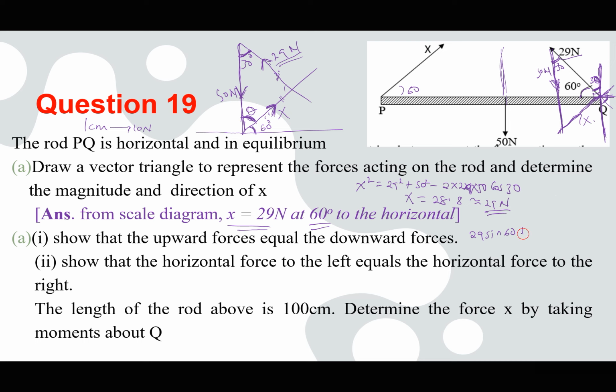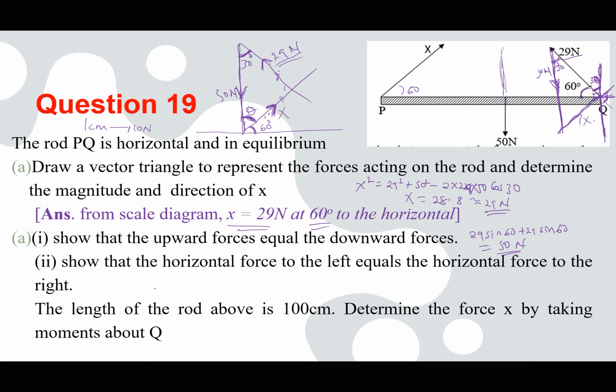So it will also be plus 29 sine of 60, which is 29 sine 60 times 2, which is approximately 50 newtons.